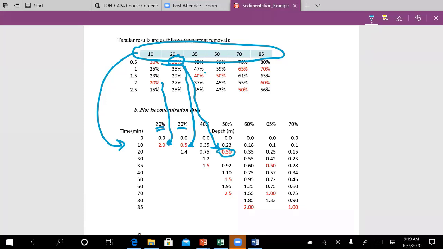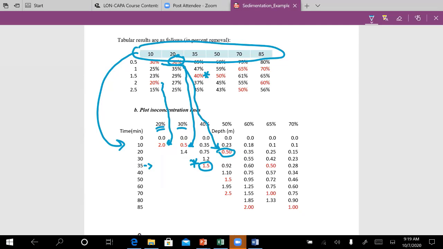Let's look at this one here. We have 40%. That 40% occurred at 35 minutes and a 1.5 depth, so that corresponds to this one. I'm just going to put a little asterisk next to it. We continue in this way. Like I said, the cells in red are the easy ones to deal with.